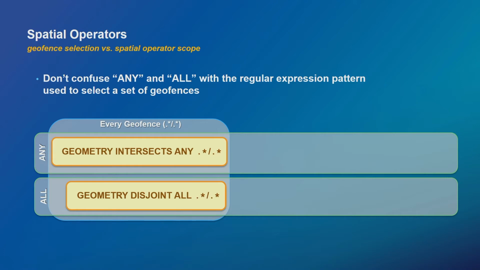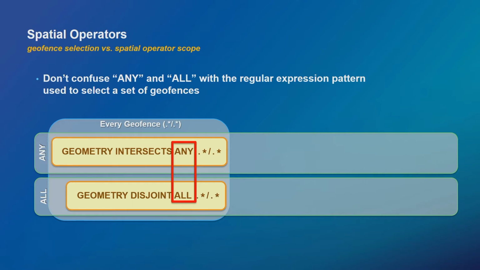So a quick note about spatial operators. These spatial operators appear in both filters and processors, and there's two things going on within a spatial operator. The first part is the any and the all here. These apply to the group of geofences that are operated against.